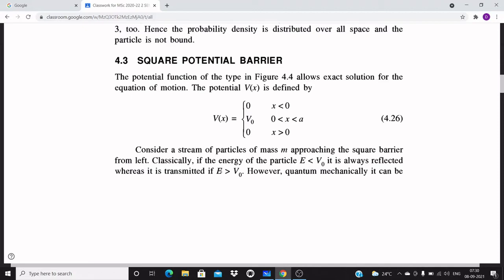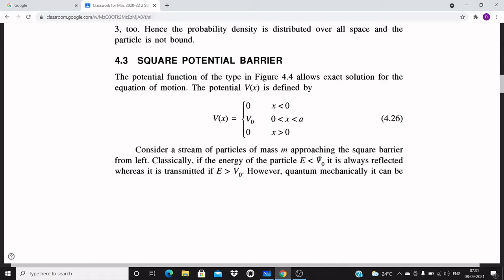But if E is greater than V0, it has sufficient energy and gets transmitted to region 3.